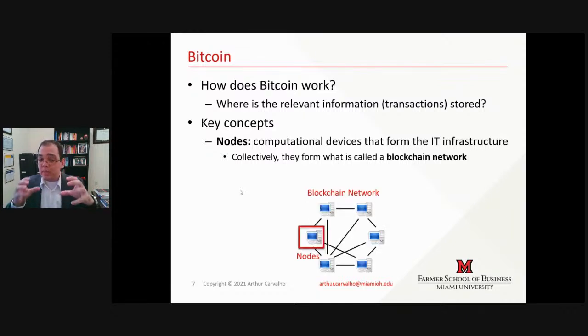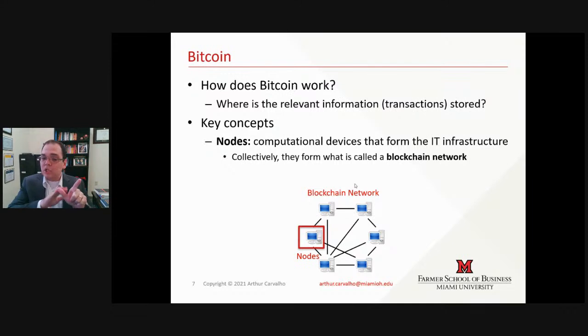These computers will be connected together in a network. I'm going to call this network of computers a blockchain network. I'm going to explain what blockchain is very soon. Bear with me. But now, whenever I have a transaction with you, whenever I send you one Bitcoin or you send me something, that transaction, that information will be stored inside every single one of the computers in my blockchain network.